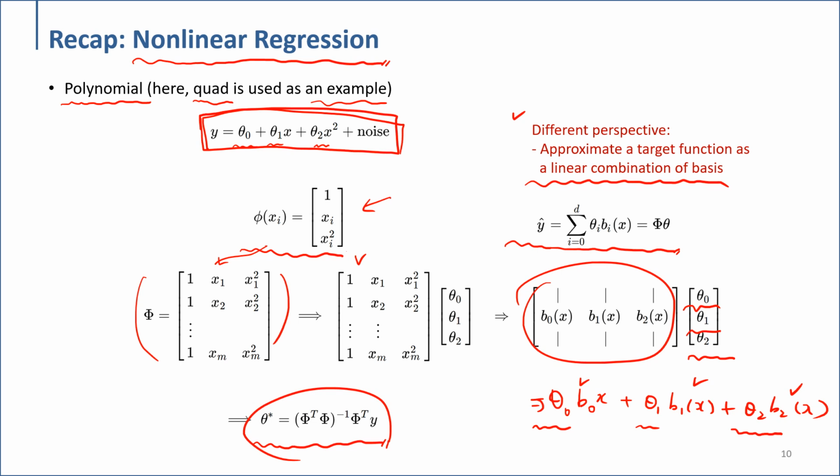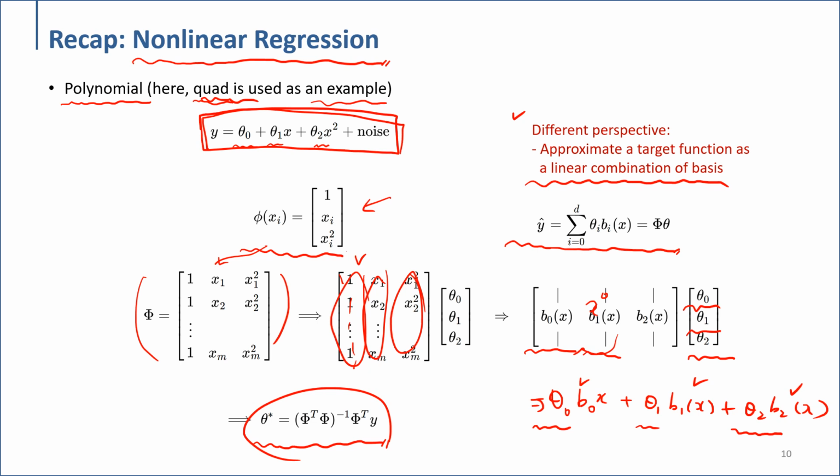In this quadratic equation, our basis can be regarded like this. The first basis is 1, the second basis is the x to the first term, and the third basis is the x squared term.